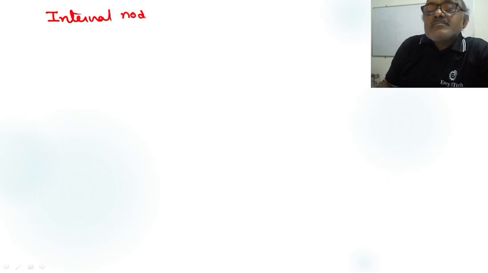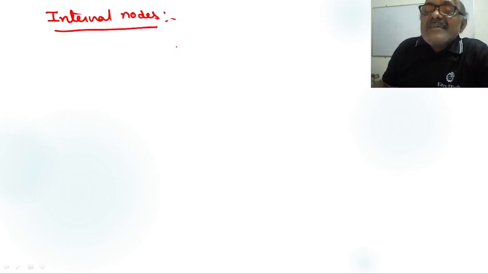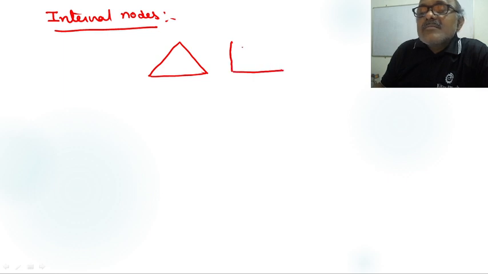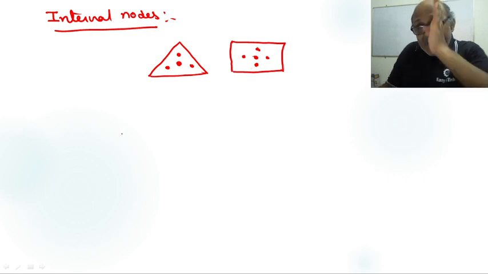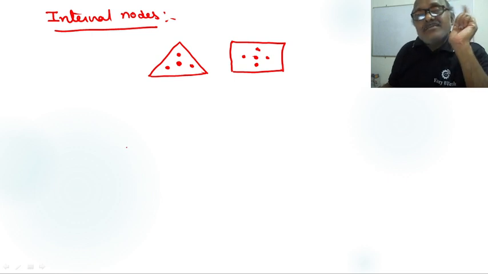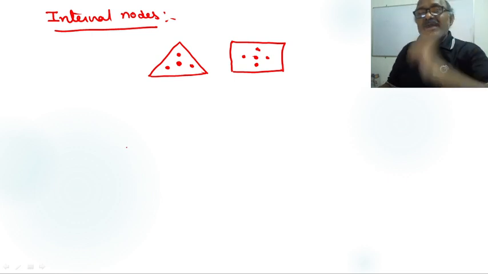Internal nodes. Consider the same example, a triangular element and a rectangular element. Whatever nodes are present inside the element, here is one node, here is another node, here is another node, and so on, those nodes are called internal nodes, my dear students.